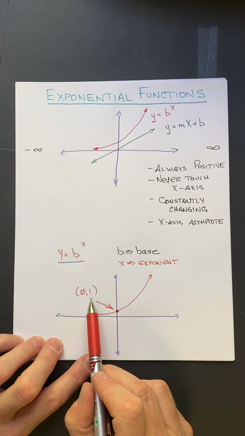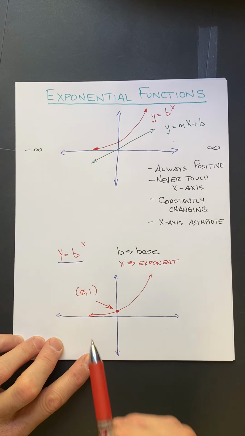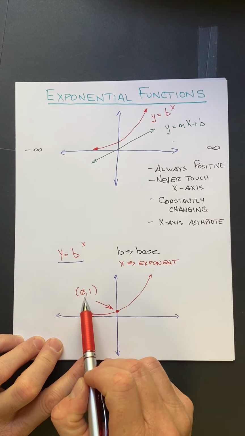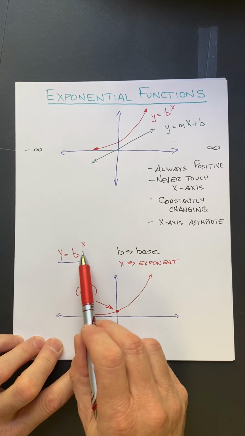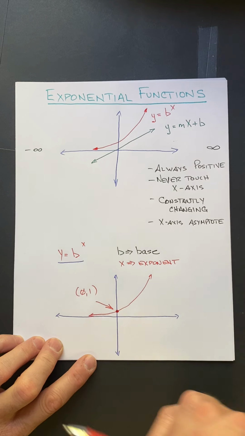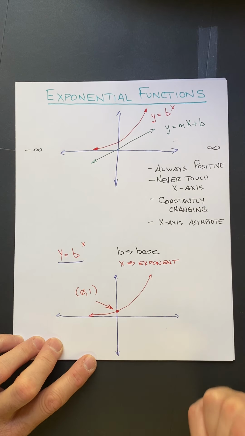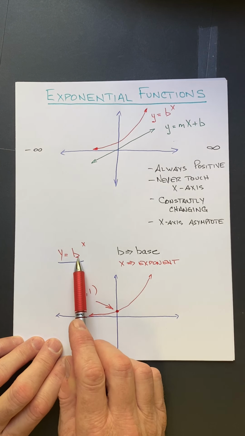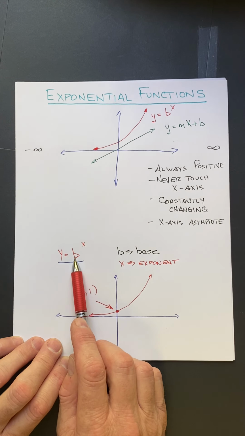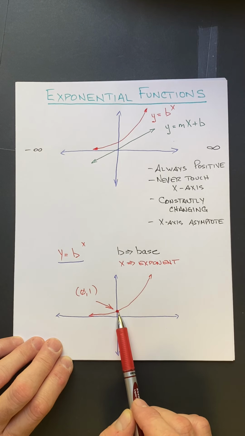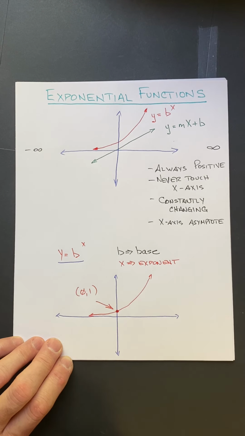And 0, 1 is on every single exponential function. Now, how can I say that? Well, here's x, right? X is my input. I'm talking about b to the 0. We know that anything to the 0 power is 1, and therefore y is always going to be 1. So doesn't matter if my base is some different number from one exponential function to another, it's always going to intersect this point 0, 1.